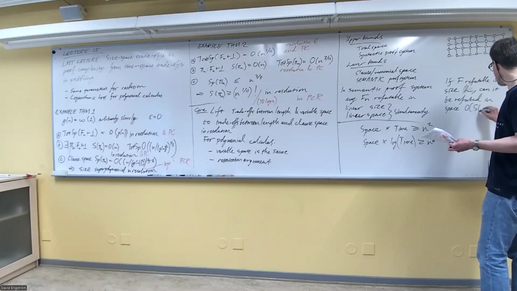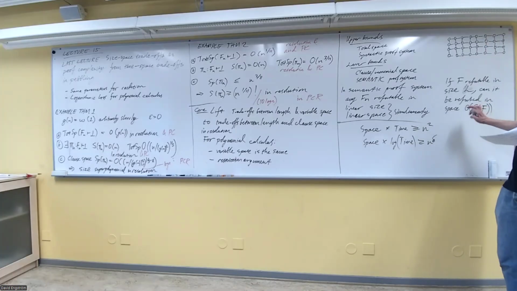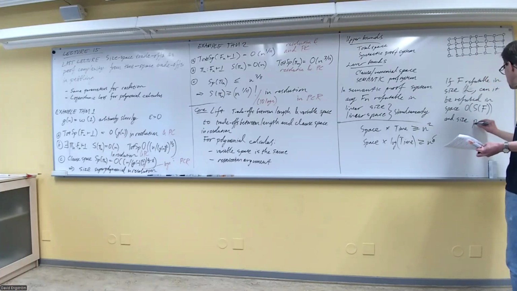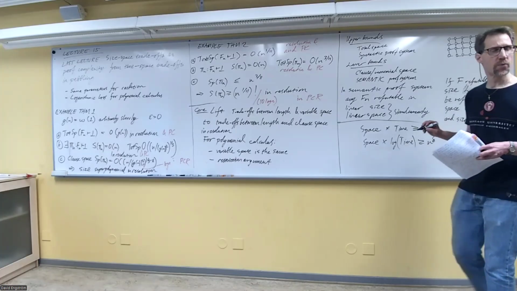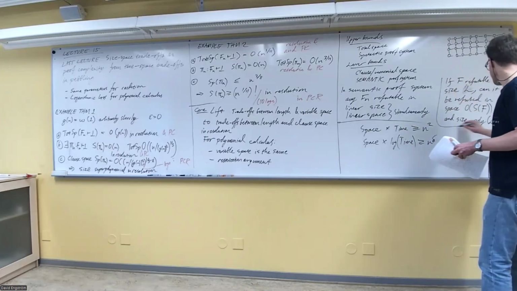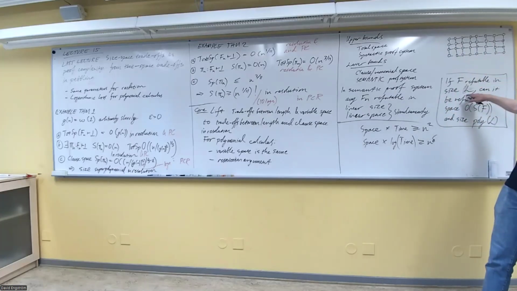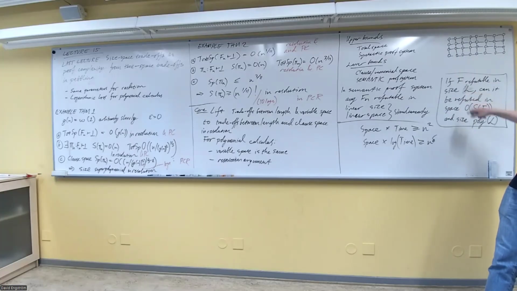So can we refute the formula in space at most linear, which you can do in resolution and any reasonable proof system that simulates resolution, without paying too much in the proof size? Say I'm willing to go to polynomial. It's a very reasonable question. Suppose I promise to you that there is a refutation in size L. We know that linear space is always enough.